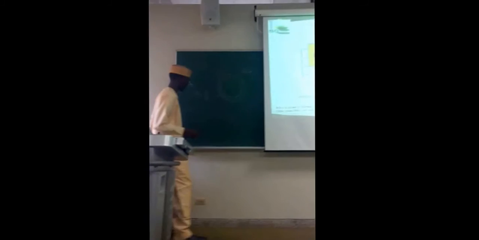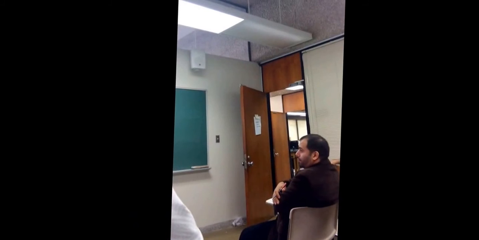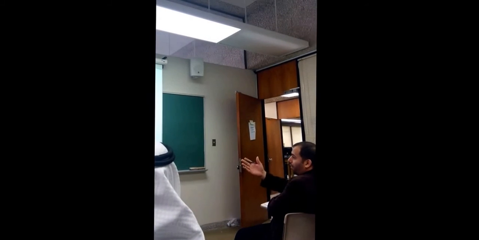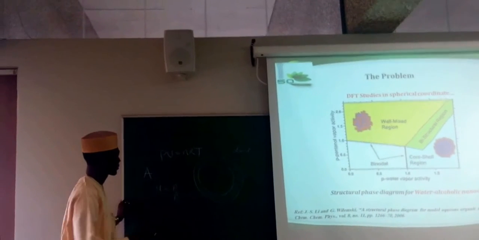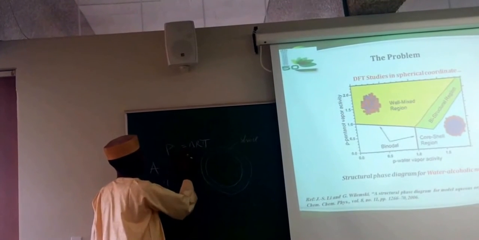Now we have vapor, we have gas. So usually the gas is governed by which equation of state? Ideal gas. So write the ideal gas equation. You divide by V because we have NVT.